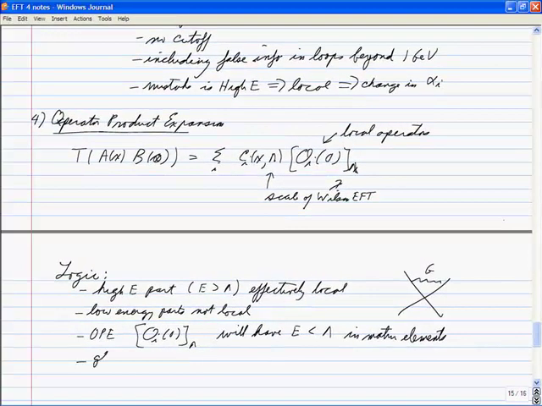The gluons with E greater than lambda get integrated out, and they're local.